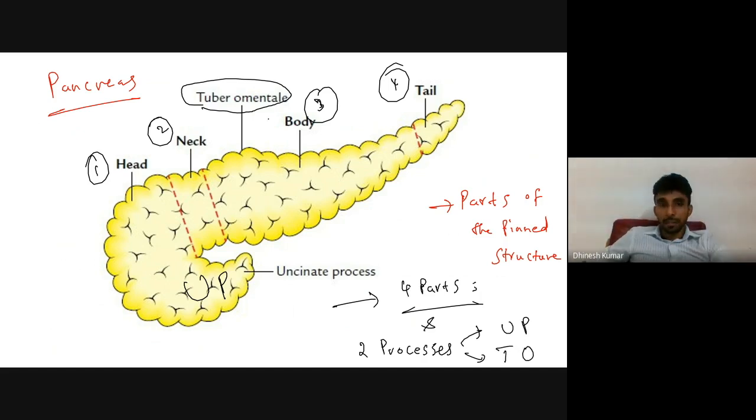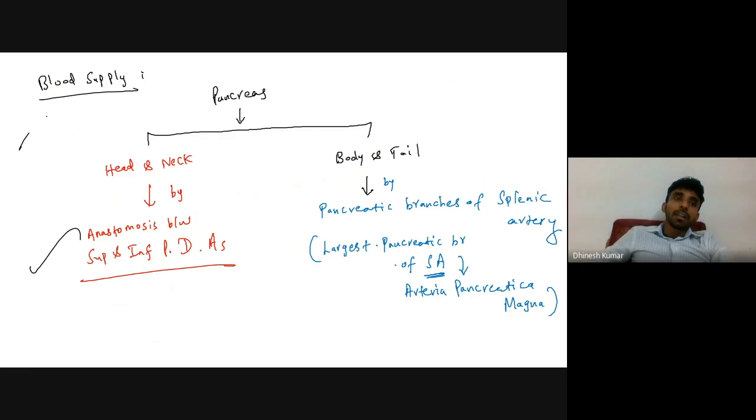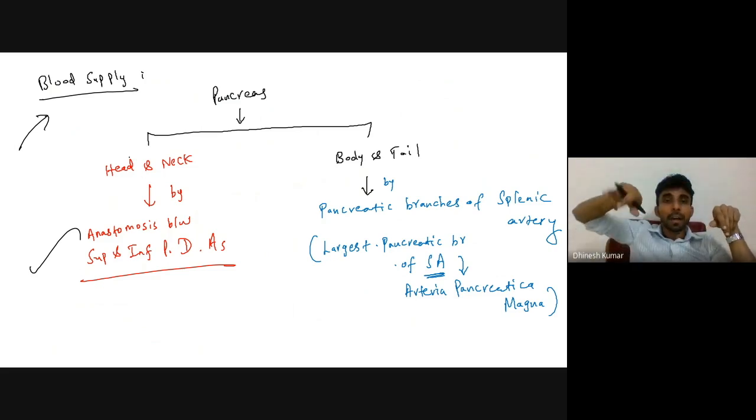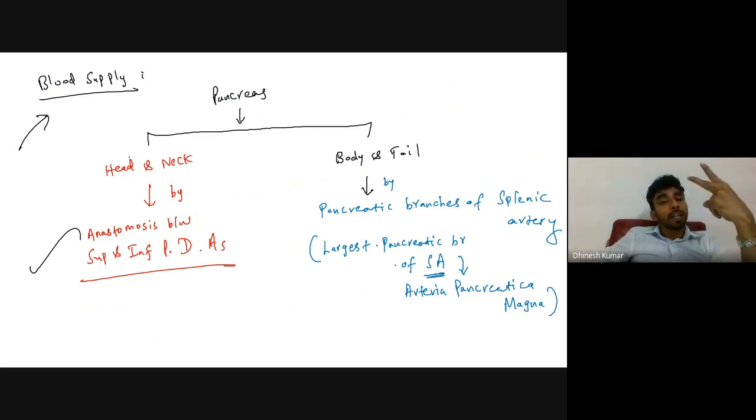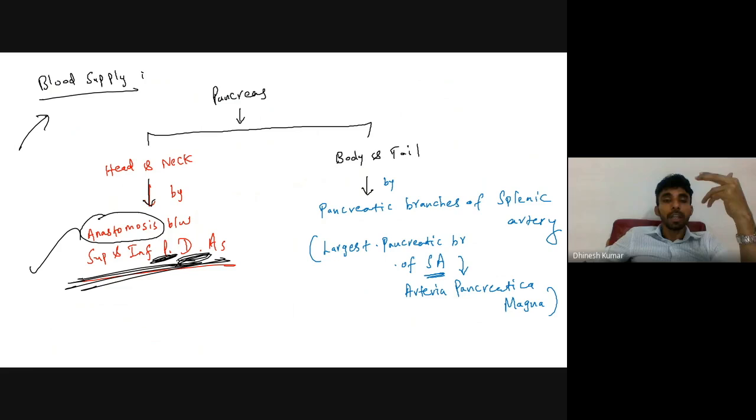Now coming to the blood supply of the pancreas, one more possible sub-question. Out of the 4 parts of the pancreas, the head and the neck are located within the C-shaped concavity of the duodenum. So the two arteries supplying the various parts of the duodenum will also supply the head and neck of the pancreas, by the anastomosis between the anterior and posterior branches of the superior and inferior pancreatico-duodenal arteries.